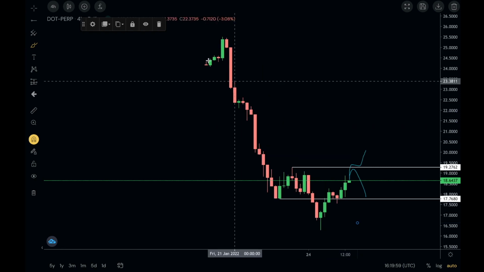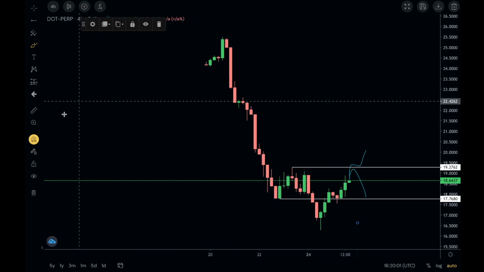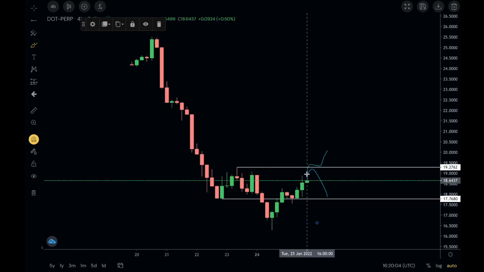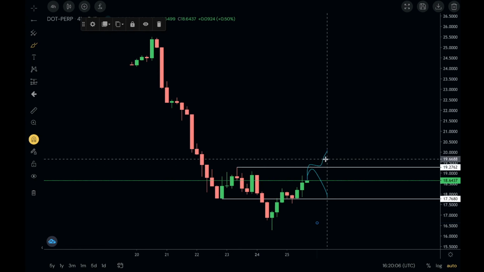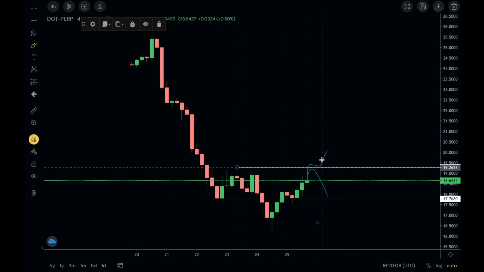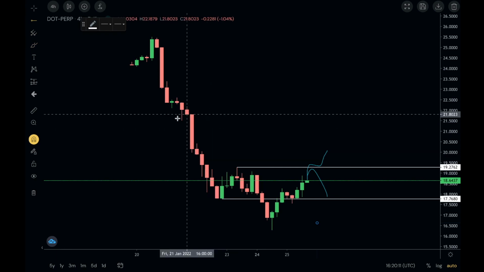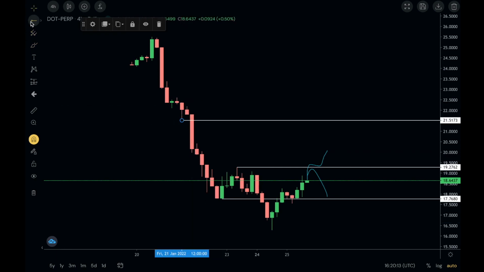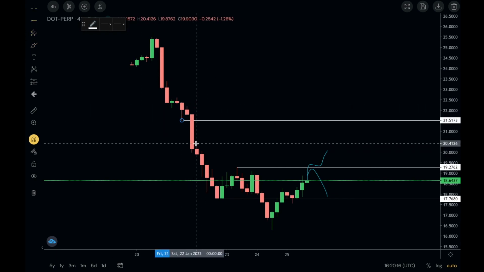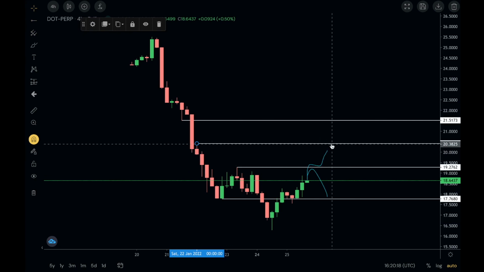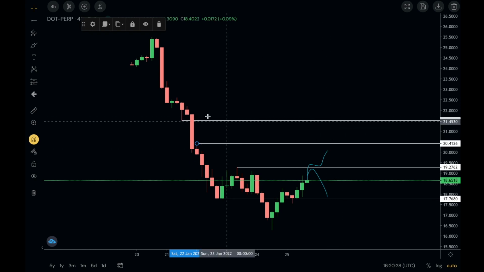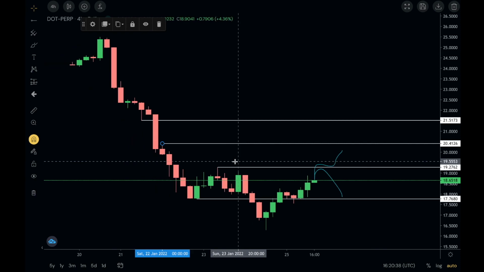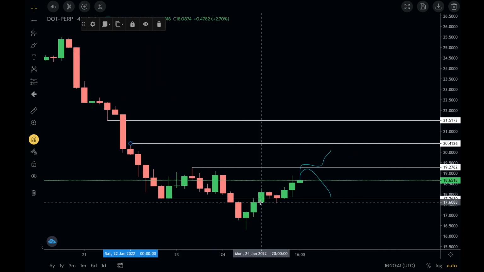So providing that there's no volume distribution in there, and if we reclaim that close above the range high, then there's a good chance that we fill this area. The first target would be around here, and then typically if we reach that level, there's either going to be rejection or just a very swift move to fill that gap. But that's pretty much what I would expect on a higher time frame.